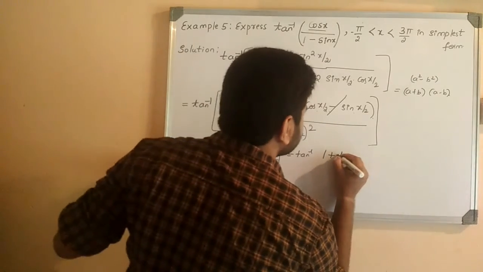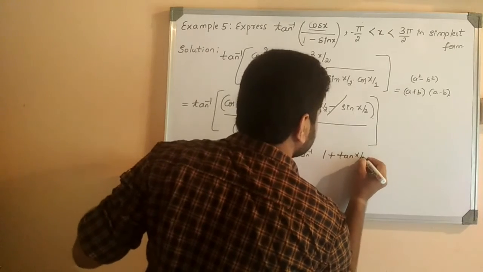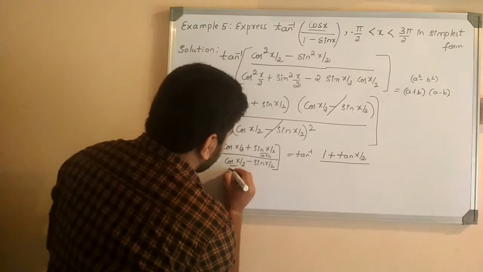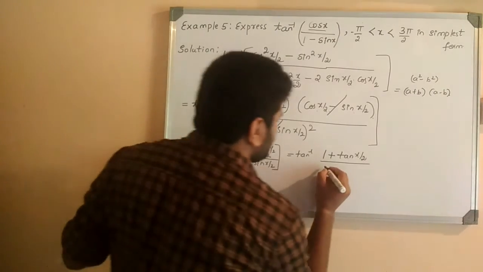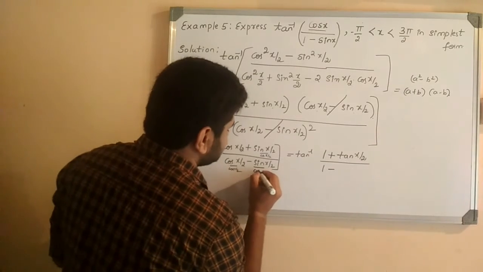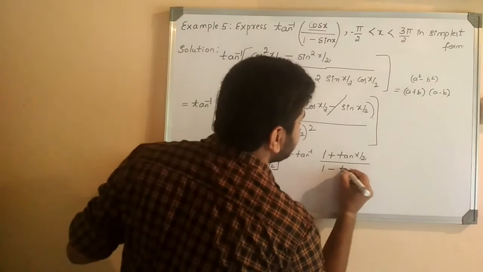It is tan x by 2 by cos x by 2 by cos x by 2. It is 1 minus sin by cos. It is tan x by 2.